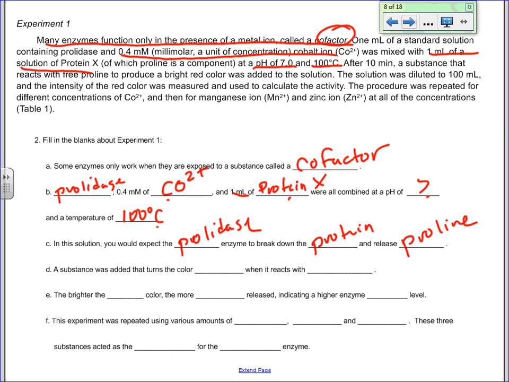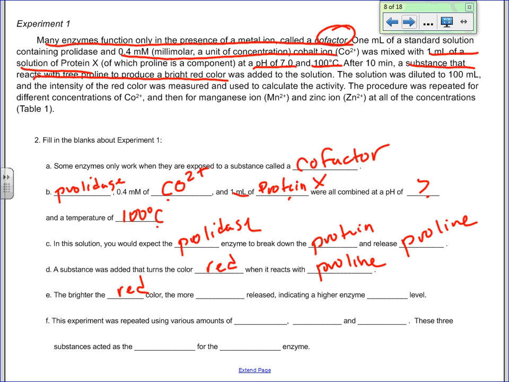A substance was added that turns the color blank when it reacts with blank. Red. Turns red. It's right here: a substance that reacts with free proline produces a bright red color. So it turns red when it reacts with proline. The brighter the blank color, the more blank released, indicating a higher blank level.